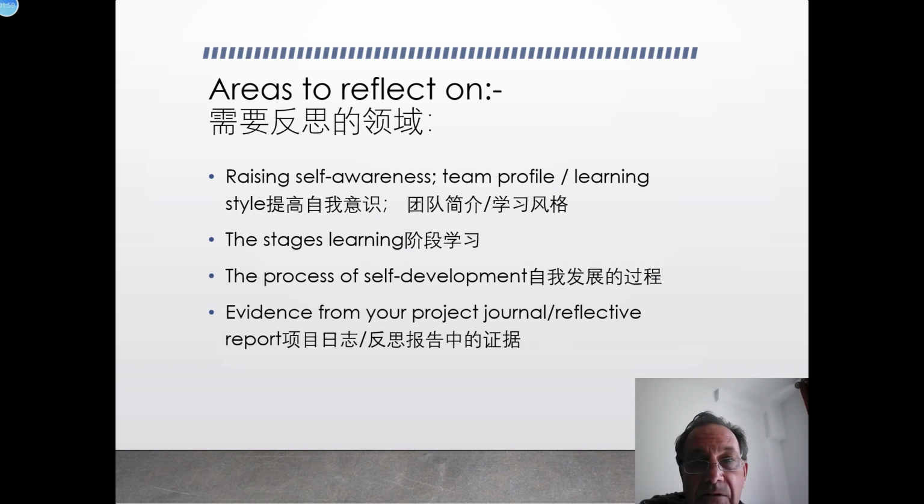And you can utilise evidence from your journal or your reflective report to discuss some of the areas that you've been able to work on and develop throughout the course.